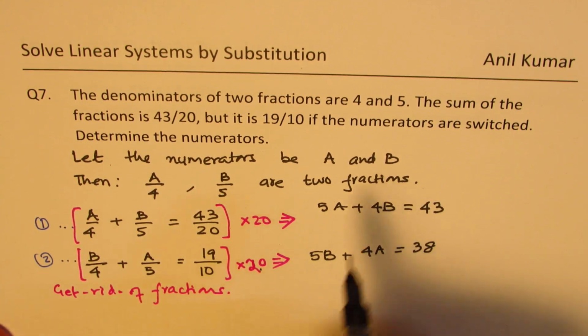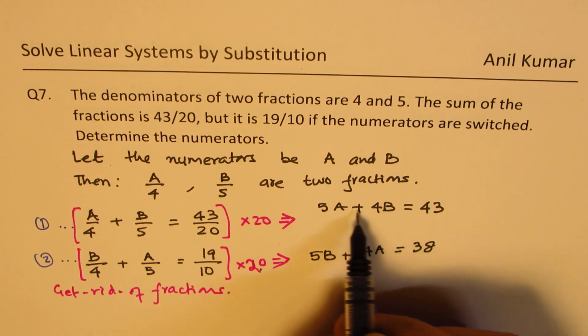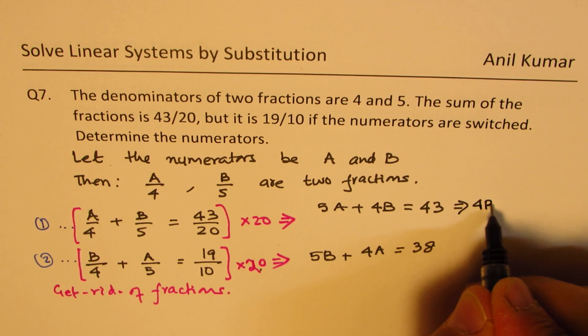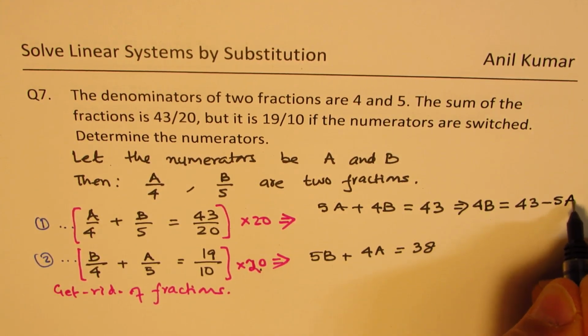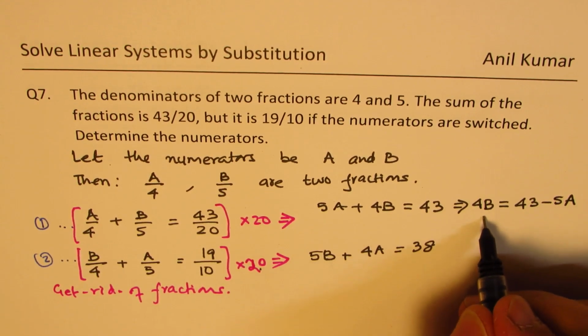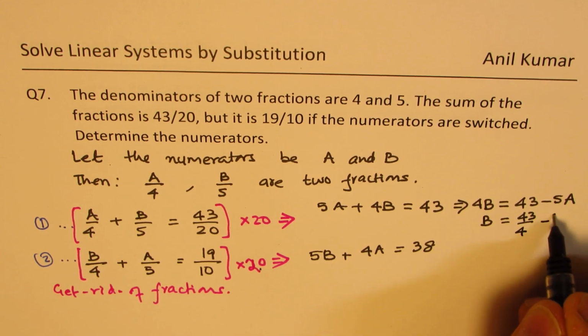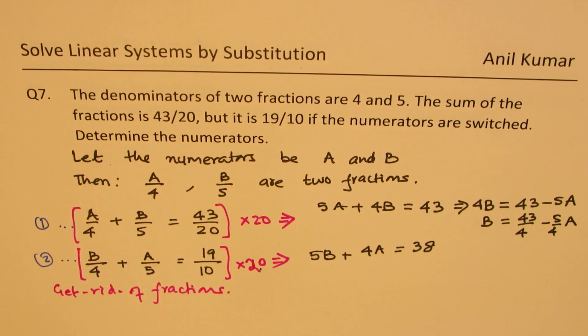So what we will do here is basically isolate one of the variables. We can write this as 4b equals 43 minus 5a. So that means b is equal to 43 over 4 minus 5 over 4 a. Clear? So we get b. We'll substitute this value of b in the second equation to solve for a.